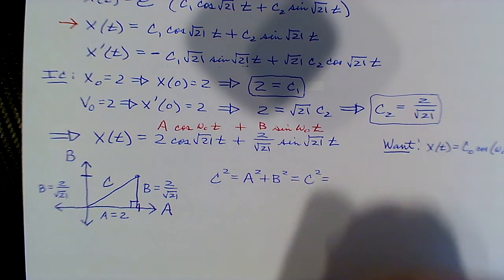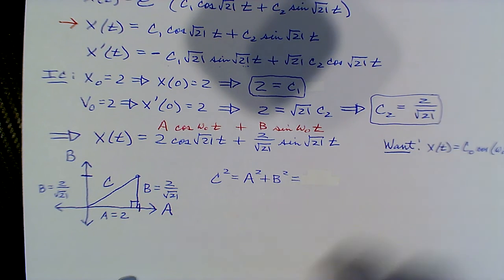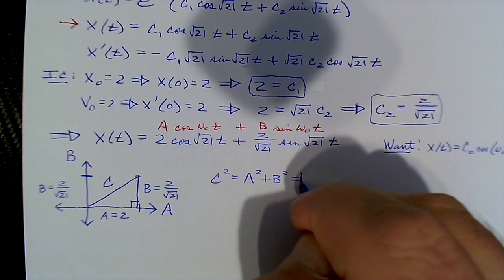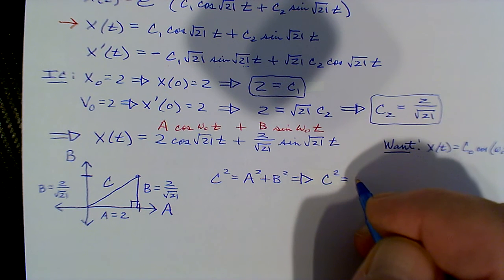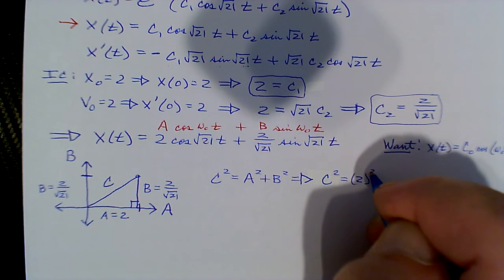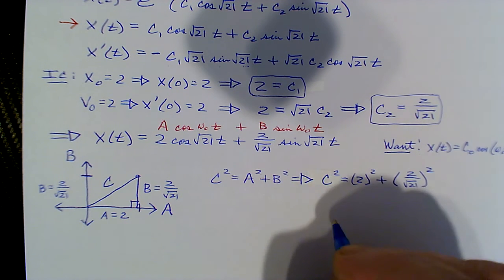So C squared would be A, which is 2, squared, plus B, which is 2 over the square root of 21, squared.